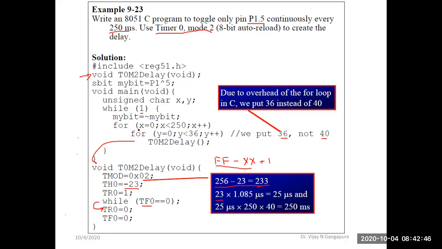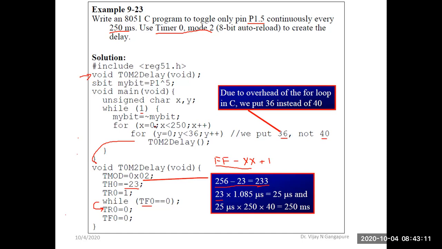To execute these two for statements it requires some time. So if I put 40 instead of 36, the delay that gets generated may be greater than 250 milliseconds. To compensate for that, I have decreased this count. Instead of 40, I have put 36, so that it will approximately generate a 250 millisecond delay.